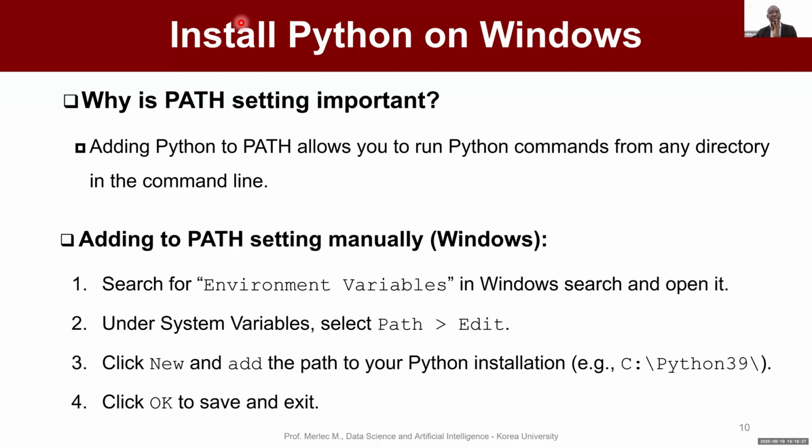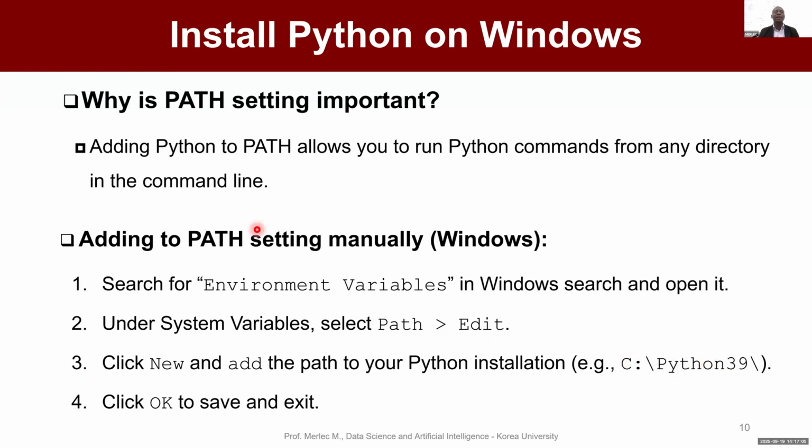I've already explained how to set up the Python path. Just go to system setting. You go into the system environment button. You can go to the user and select the path key. If Python is not set yet, you can add a new variable with the location of where Python is installed.